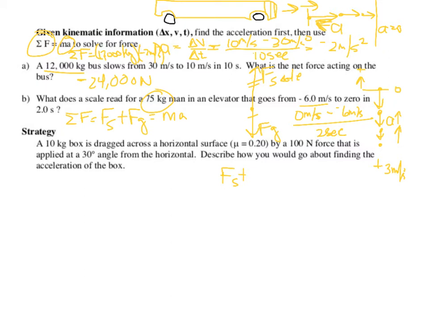Force of scale plus negative 750 newtons equals m of 75 kilograms times 3 meters per second squared.